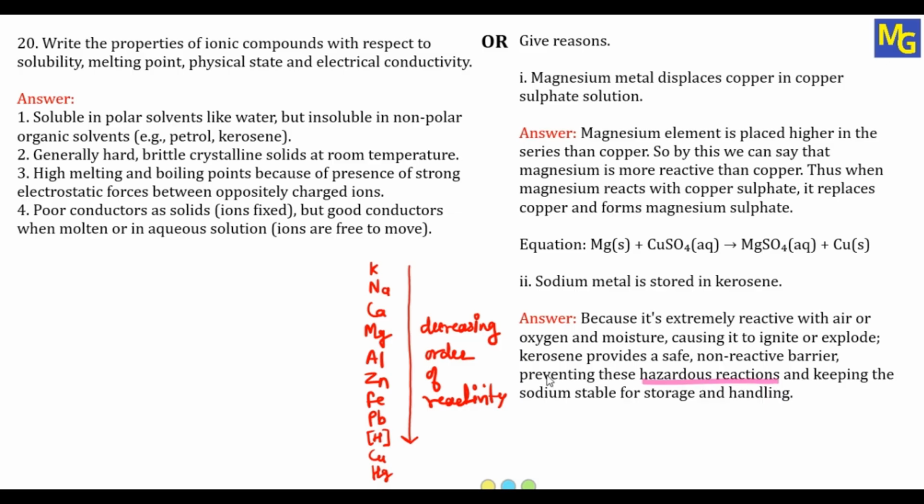If you store it in kerosene, it will not come in contact with oxygen or moisture, so the igniting and explosion will be prevented, and we can keep the sodium safely for a longer time. So this is the answer for question number 2. I hope you understood the answer to question 2 also.